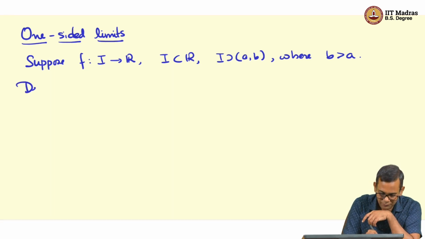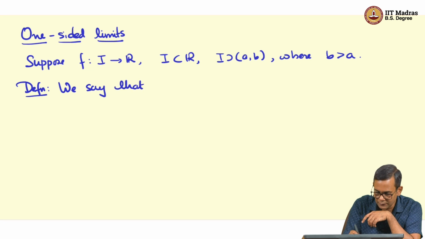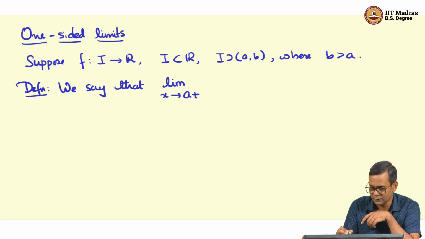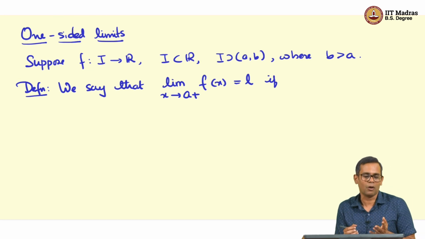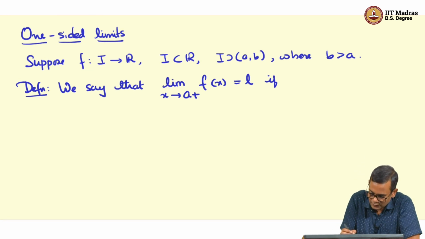So, definition: we say that the right limit, which we denote by limit as x goes to a plus, so this means x approaches a from the right, of f(x) is equal to L if, and the definition is almost the same as that of limit.